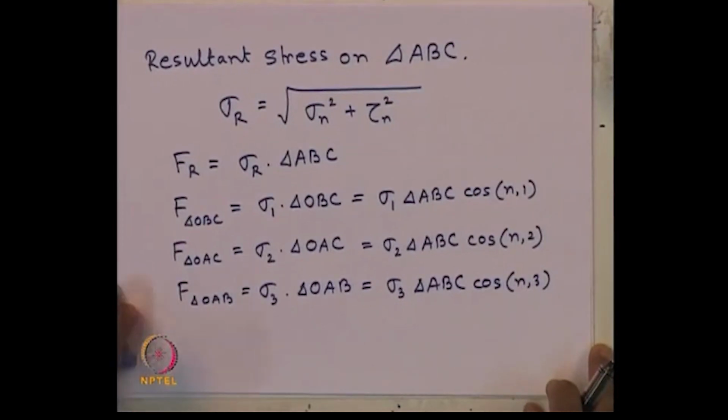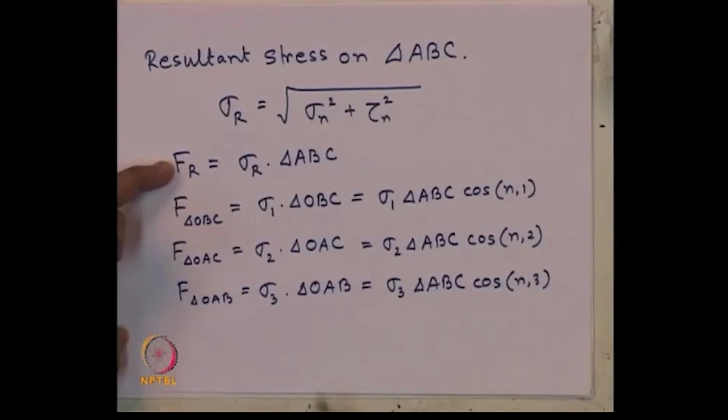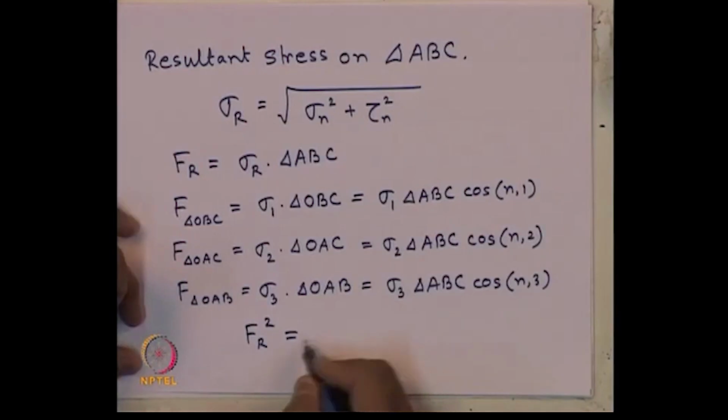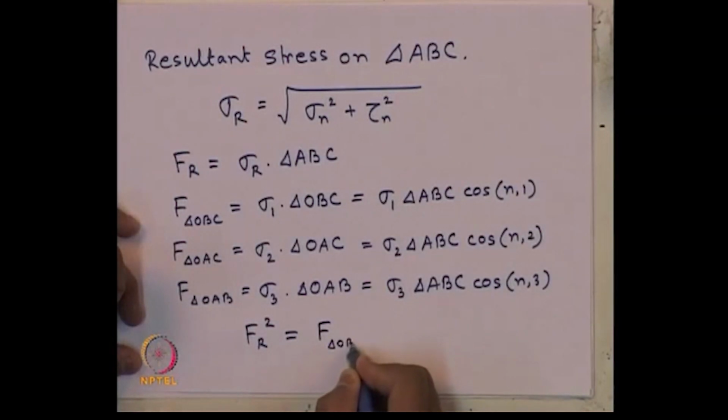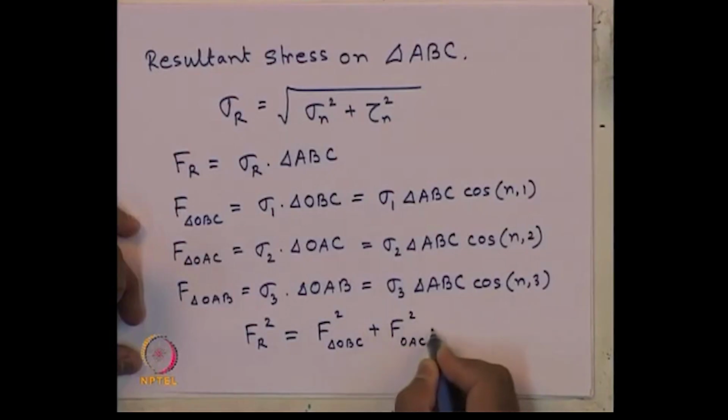Now, this resultant force F r square is how much? Summation of squares of the three orthogonal forces, right. So it should be equal to F OBC square plus F OAC square plus F OAB square.